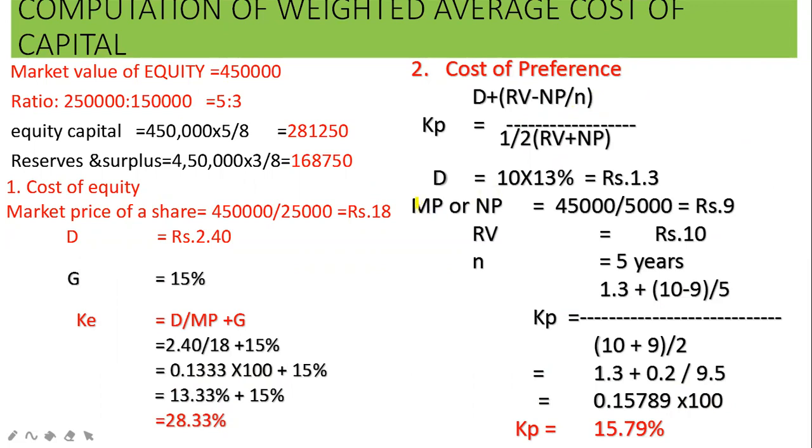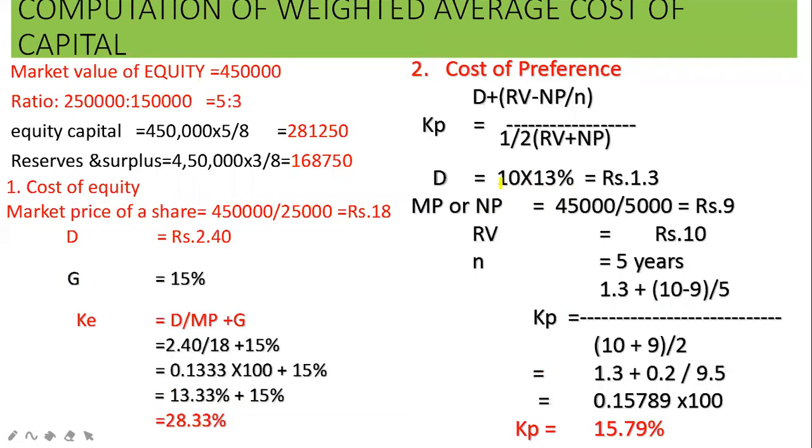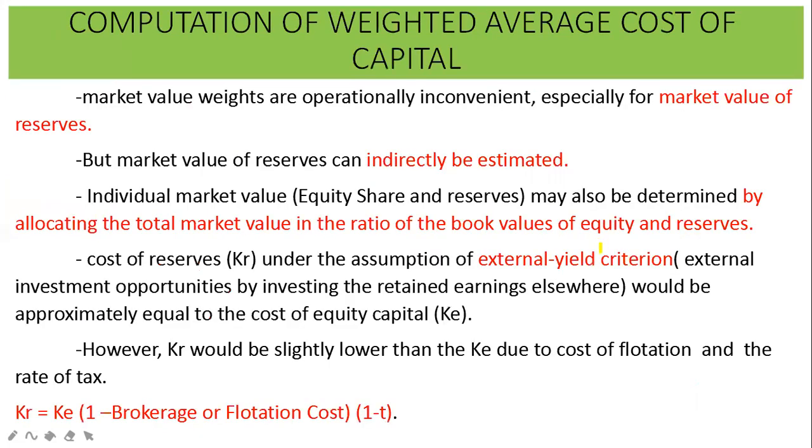So now calculate the dividend for preference share. What is the face value of the preference share? 10 rupees. What is the rate of dividend? It is fixed as 13%. So 10 rupees into 13%, you will get rupees 1.3 as the dividend per preference share. What is the market value of the preference share? Total market value of the preference shares is 45,000.